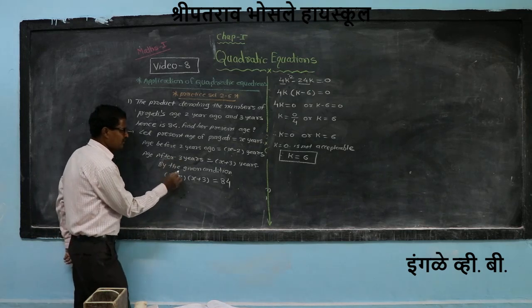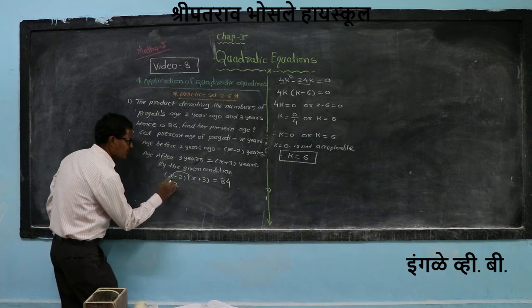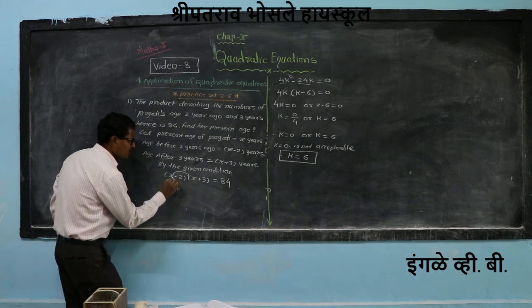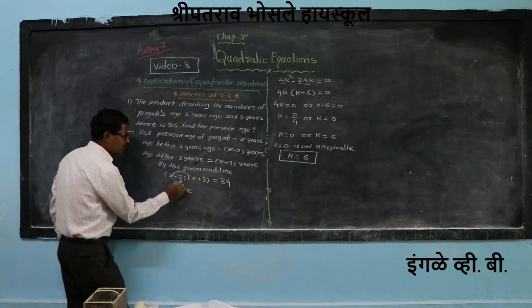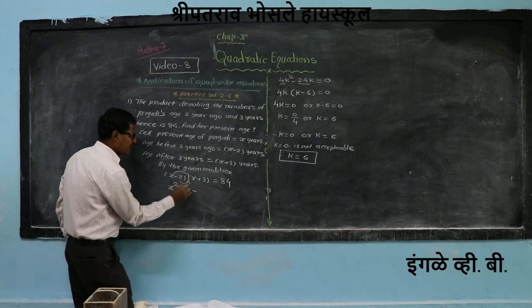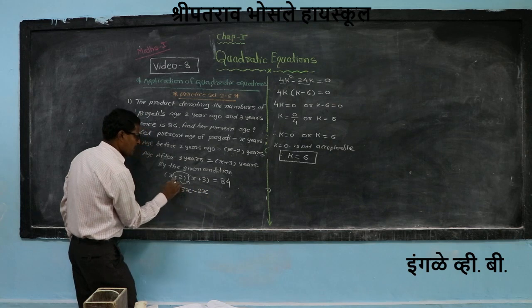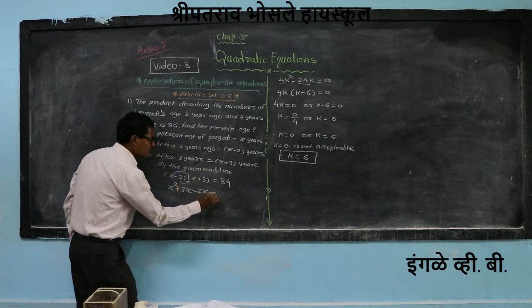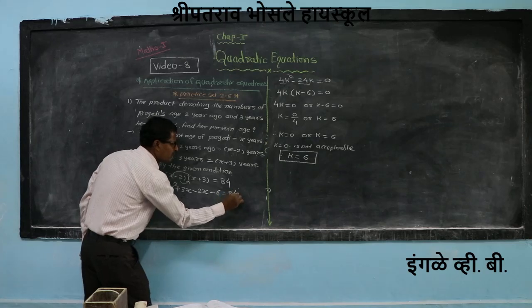Multiply x to the bracket: x times x is x square, x times 3 is 3x. Now multiply minus 2 to the bracket: minus 2 times x is minus 2x, minus 2 times 3 is minus 6, is equal to 84.